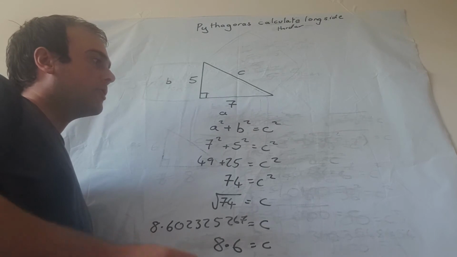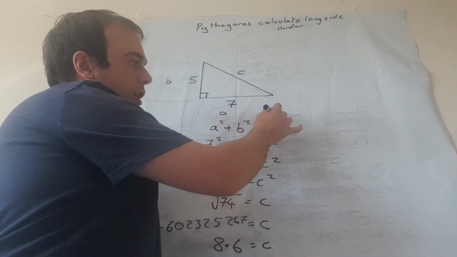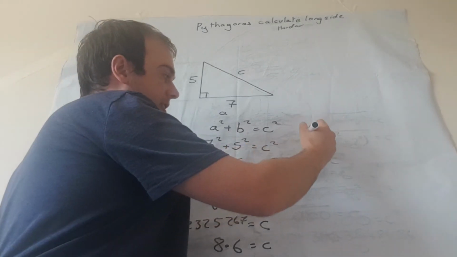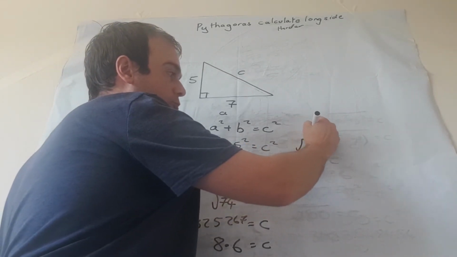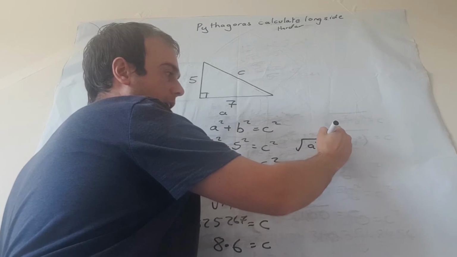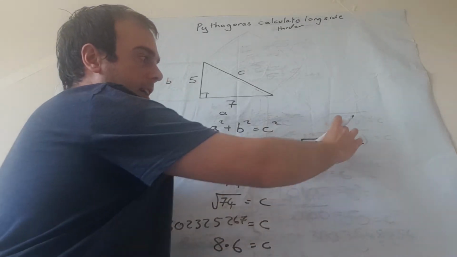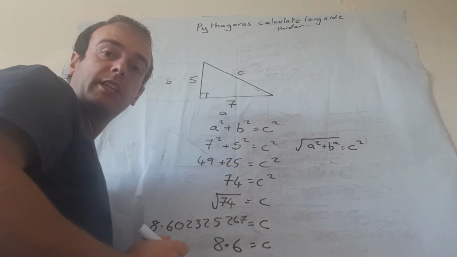You could get rid of the squaring on the C term, and instantly go for the square root of A squared plus B squared. You can type that into your calculator as well.